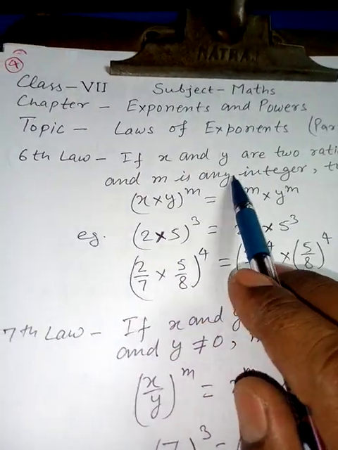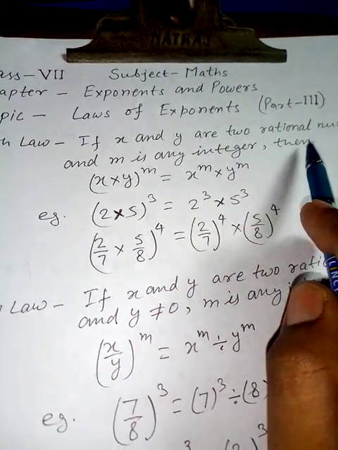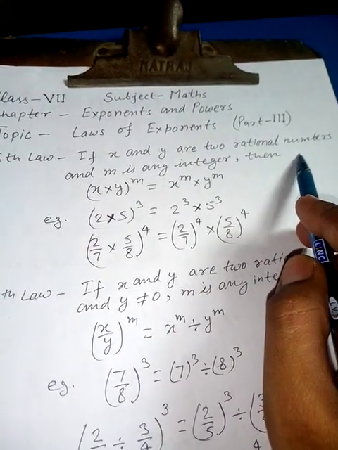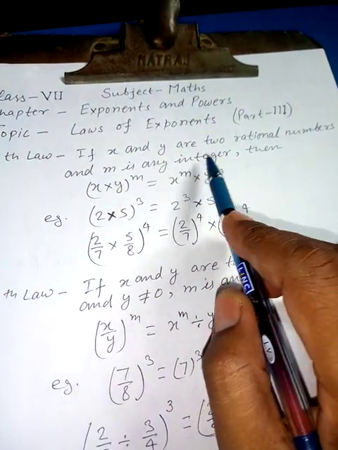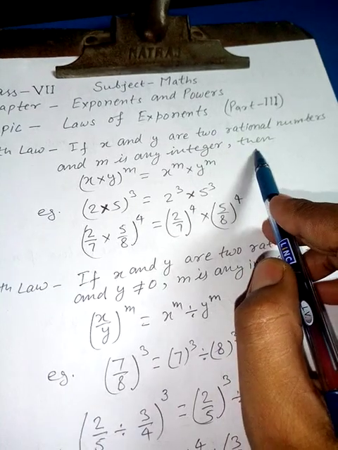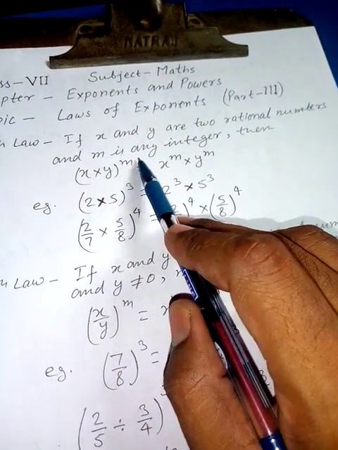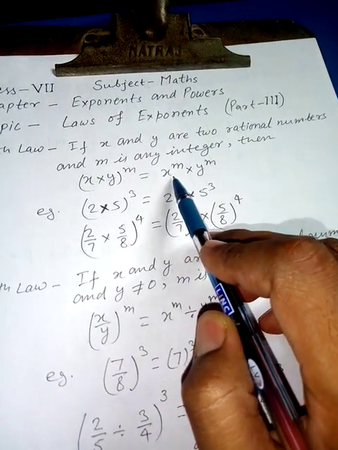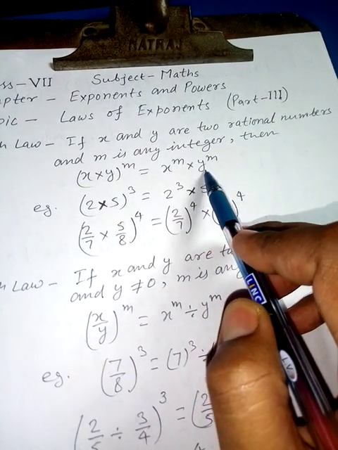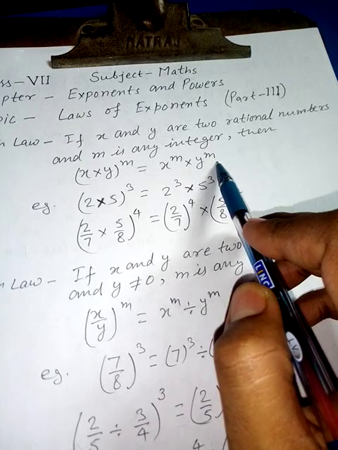If x and y are two rational numbers and m is any integer, then (x into y) whole to the power m equals x to the power m into y to the power m.